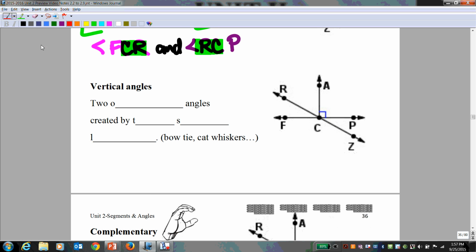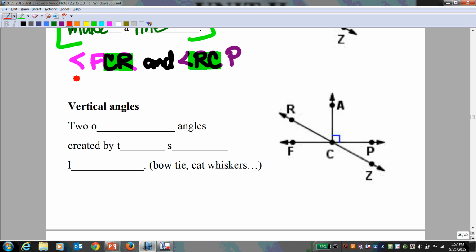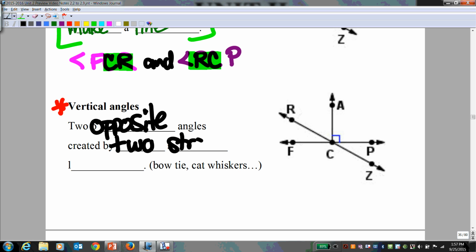Vertical, by far the most important. Put a little star by that. Vertical angles are the two opposite angles that are created by two straight lines.